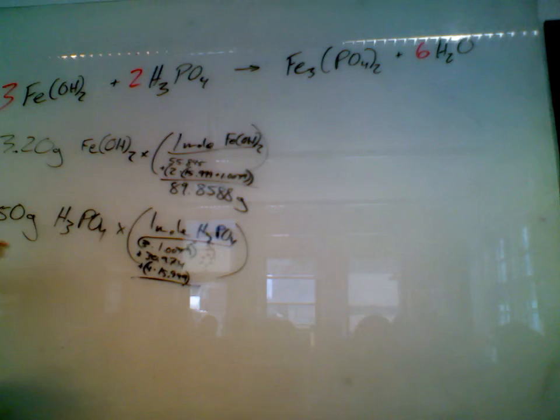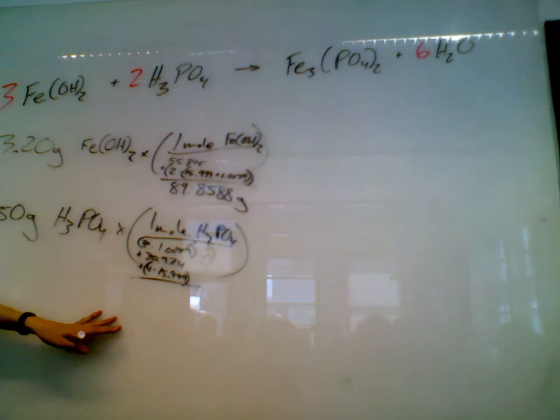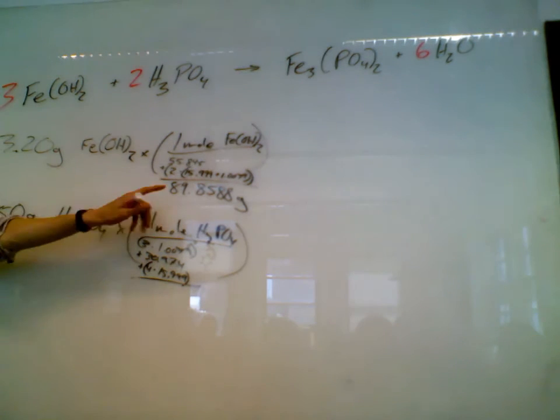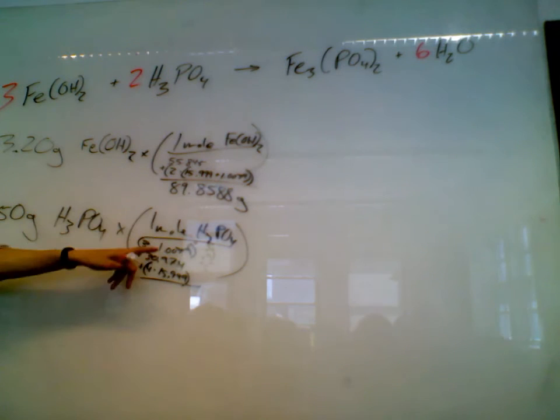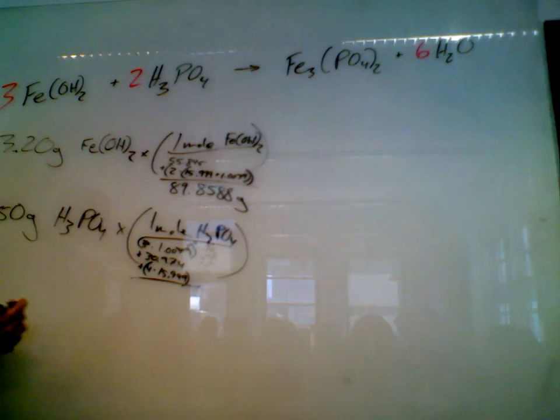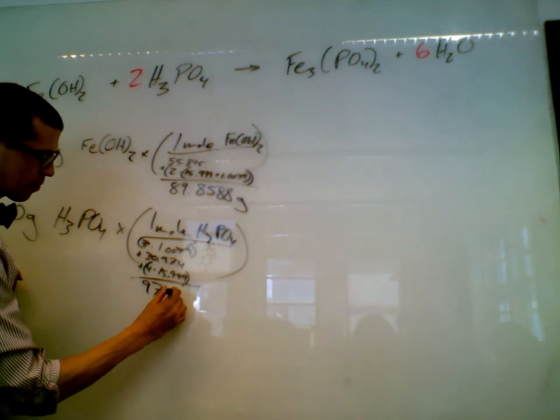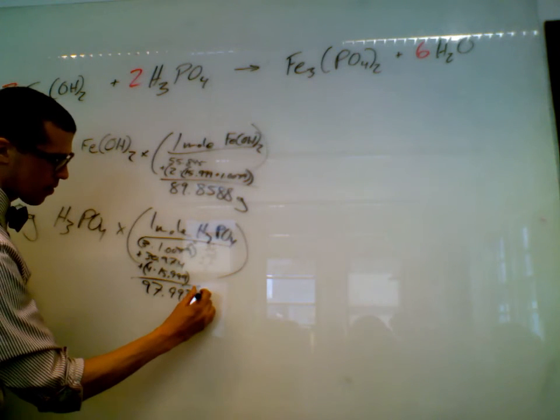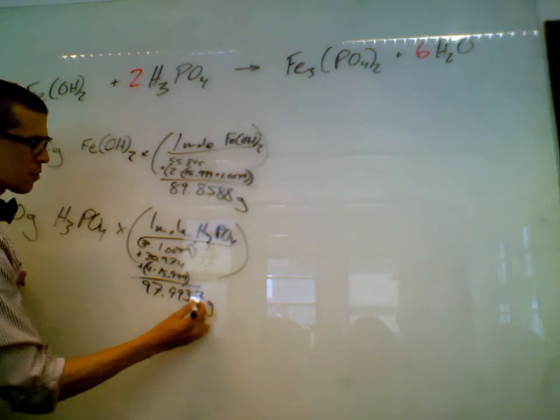I'm just using as many sig figs as I possibly can in the calculation. So if you add all these things up, what are you going to get? 97.9937. Okay. That's the grams over here.